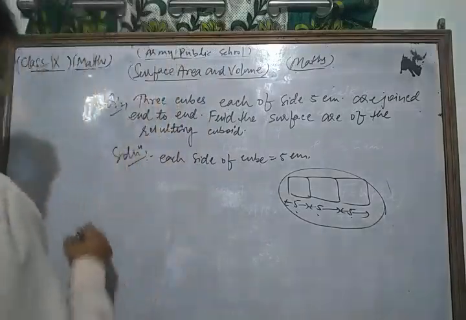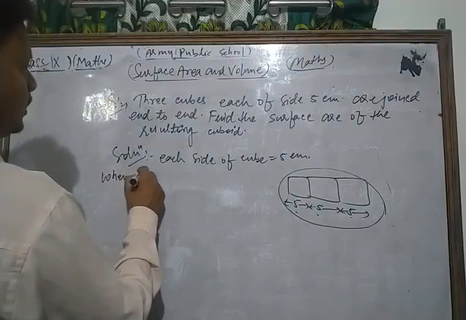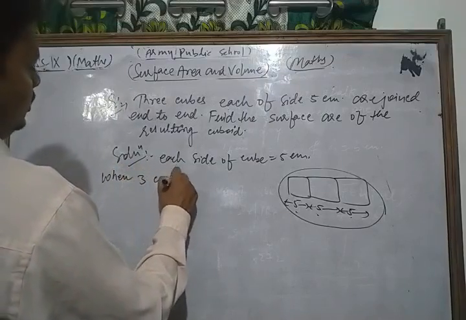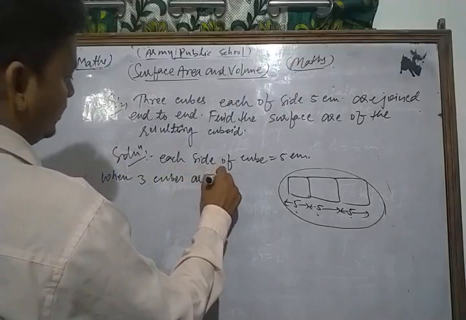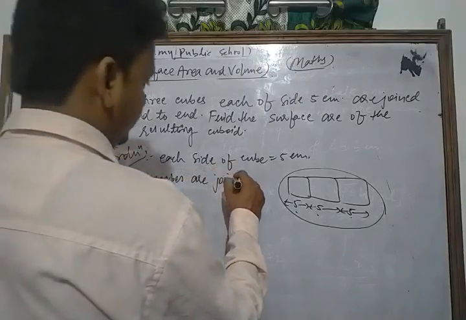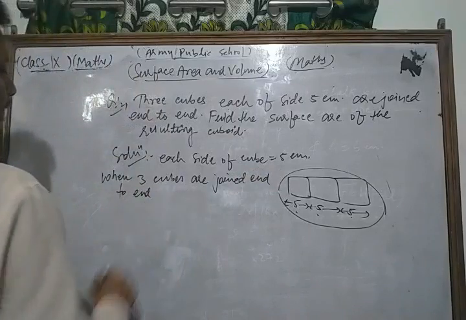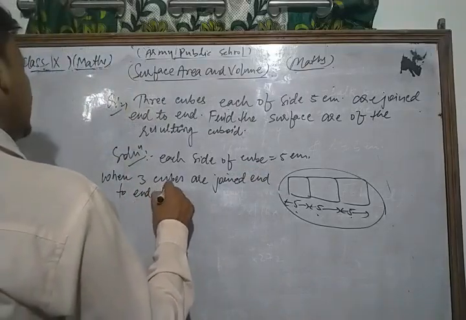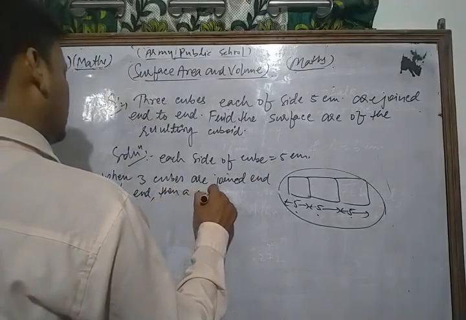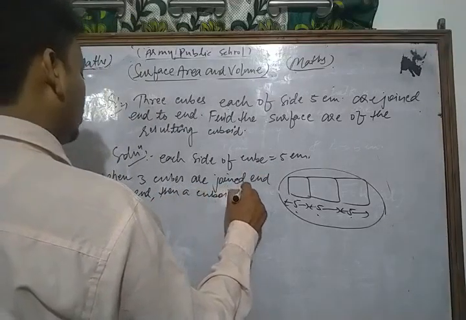So look, when three cubes are joined end to end, a cuboid is formed.